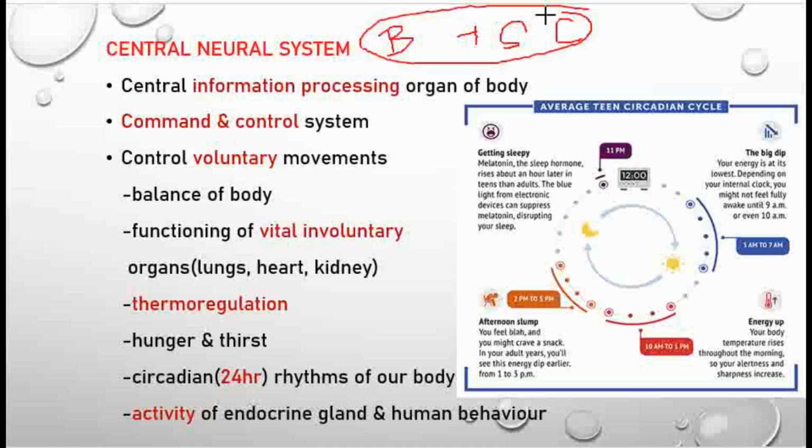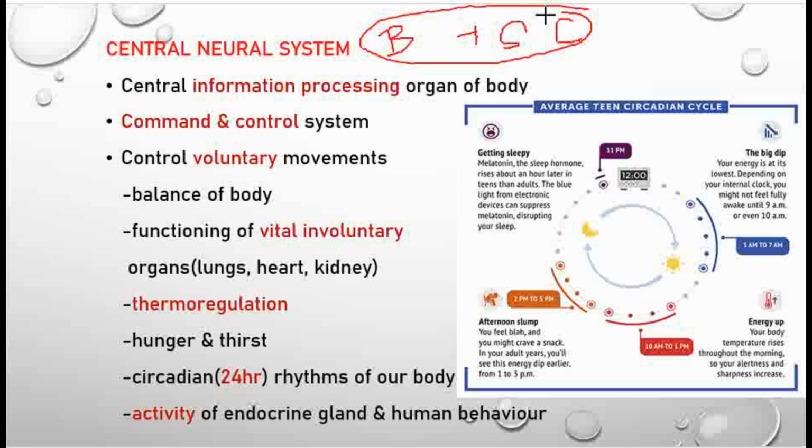So this central, what is the meaning of central? It combines information from the entire body. So from the whole entire body it combines the information and it coordinates activity across the whole organism.